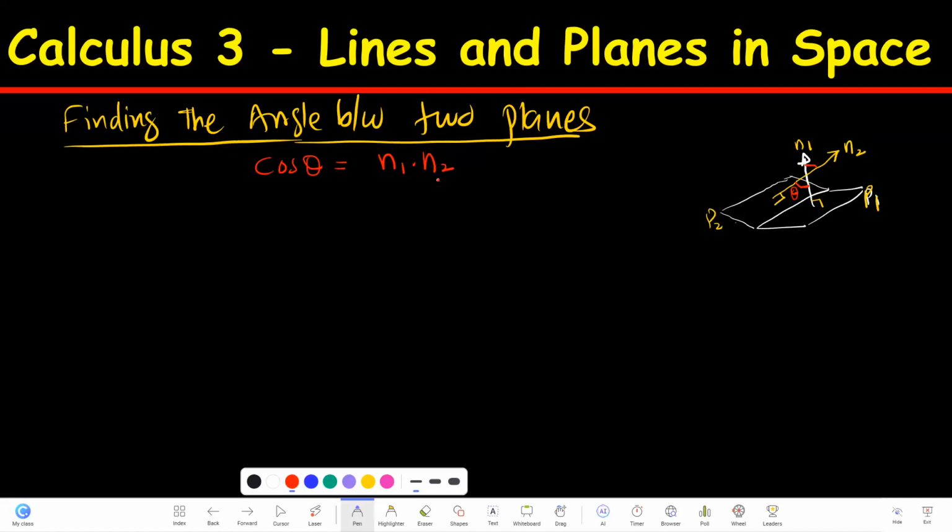I'm not interested in the direction. I'm only interested in the magnitude value. So I'm going to be writing like this, and we're going to take the magnitude. And really what I'm doing right now is nothing but just the dot product between them. I'm really taking the dot product between n1 and n2, and that's what I can do. Okay?